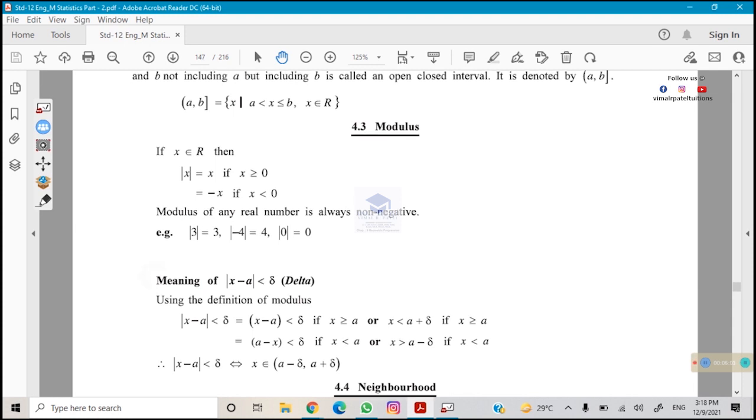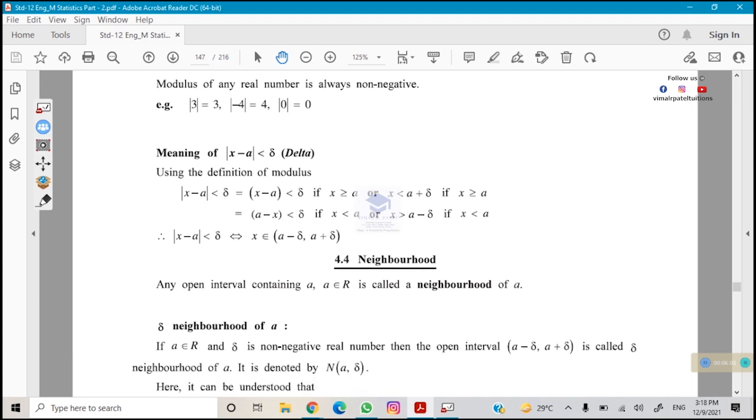Then modulus of x minus a less than delta means x minus a is less than delta if x is greater than or equal to a, or x is less than a plus delta if x is greater than or equal to a.